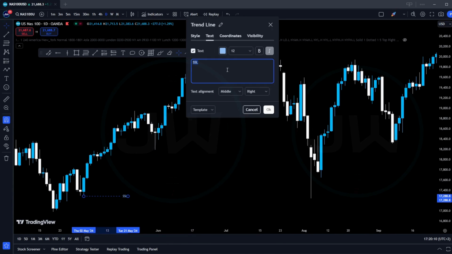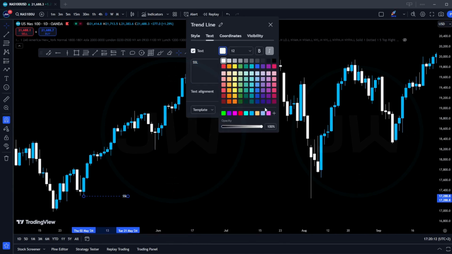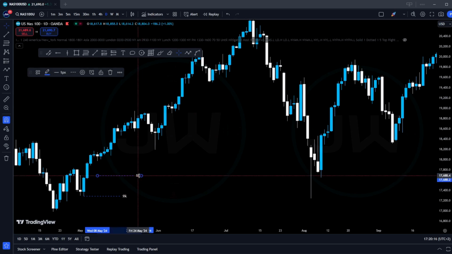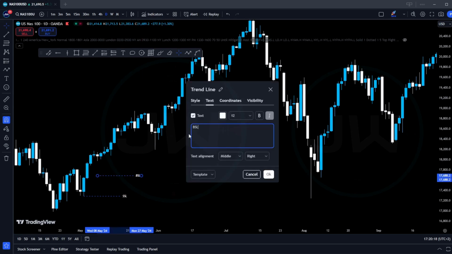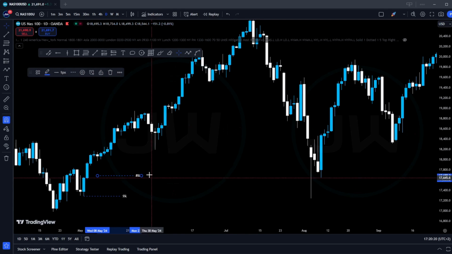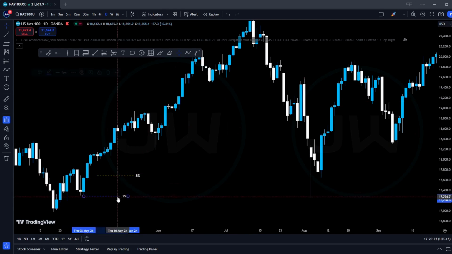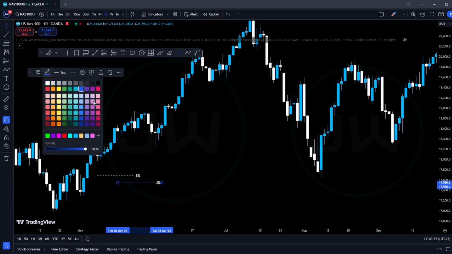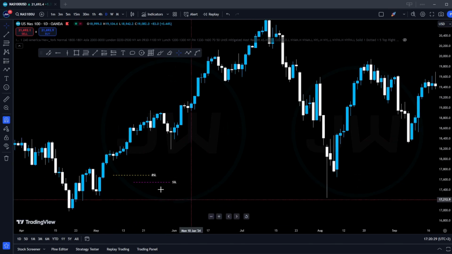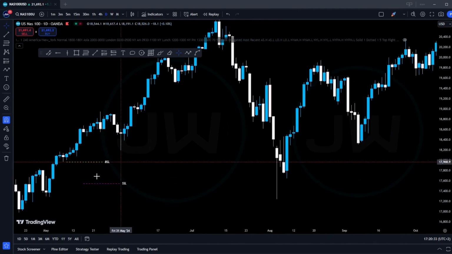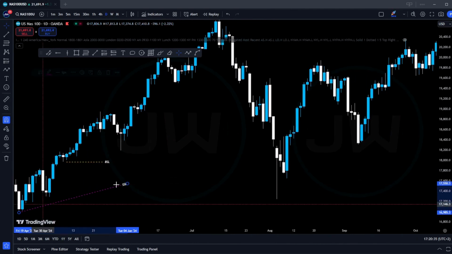We make that a brighter color. Okay, and let's have buy side liquidity, brighter colors too.